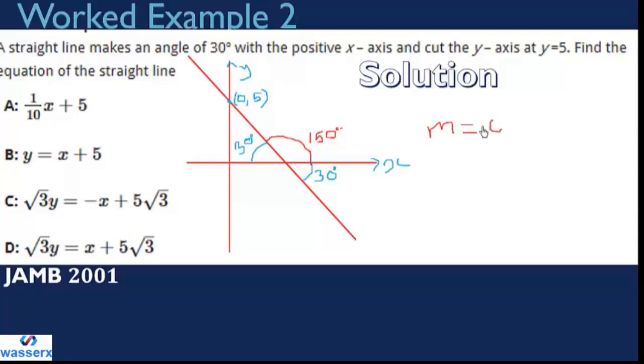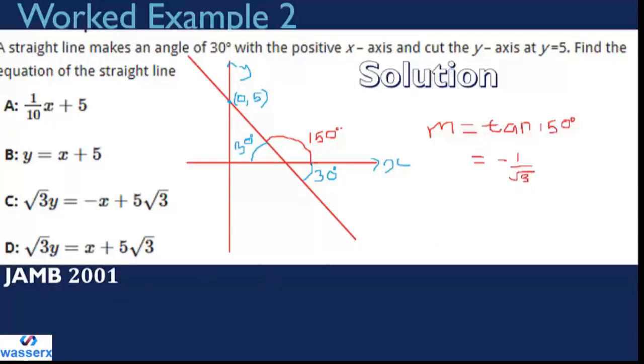So our gradient is given by tan 150 degrees, and this is equal to negative 1 over root 3.